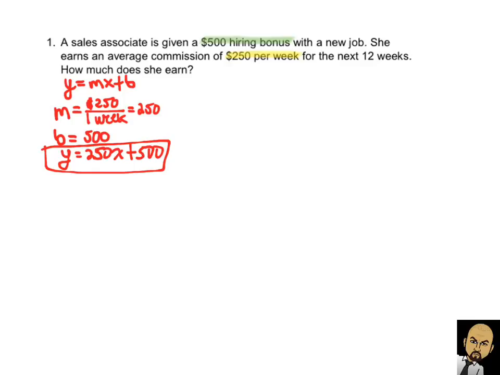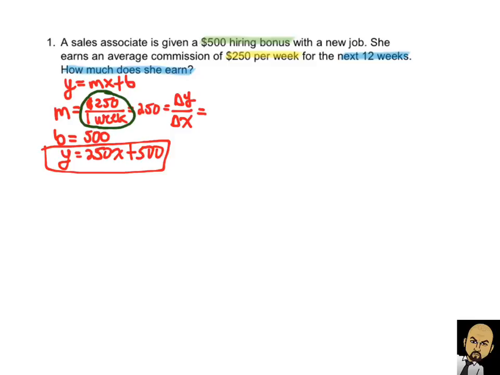The next thing we have to do is figure out how much she makes for the next 12 weeks. In order to do that, we have to look at the unit rate. The unit rate, if you recall, tells us the difference of the y's over the difference of the x's. Why is this important?